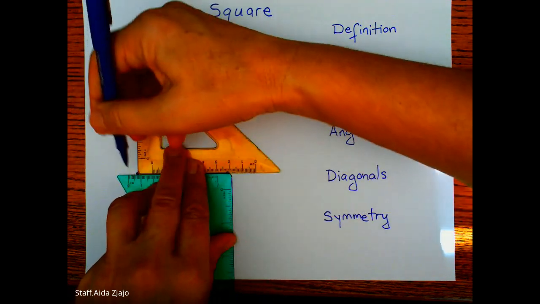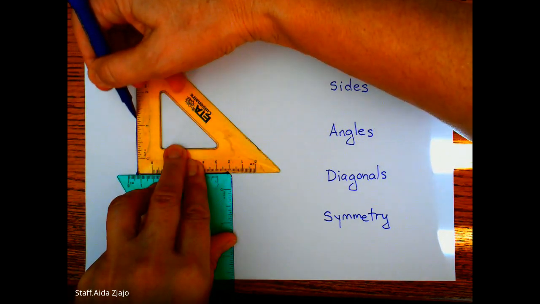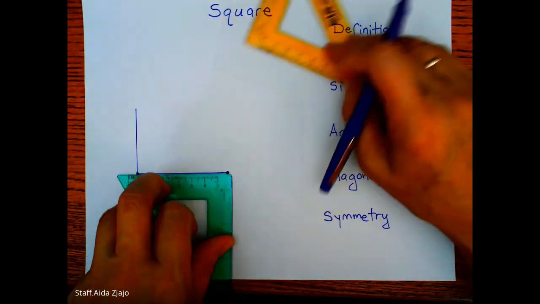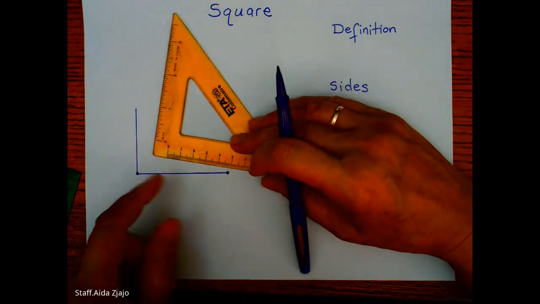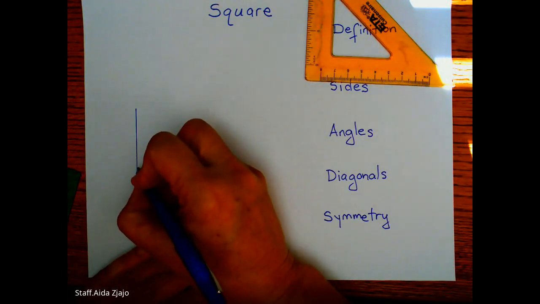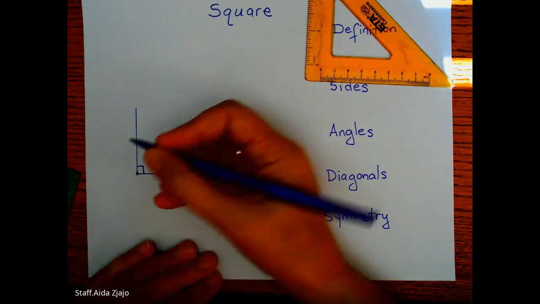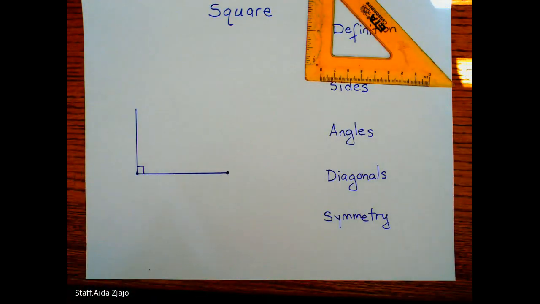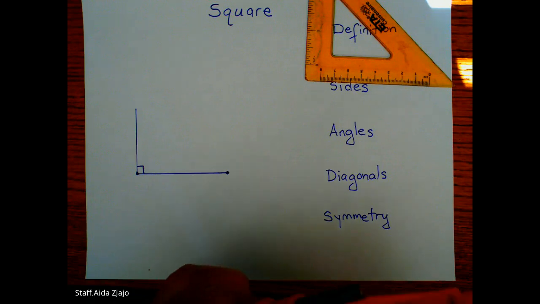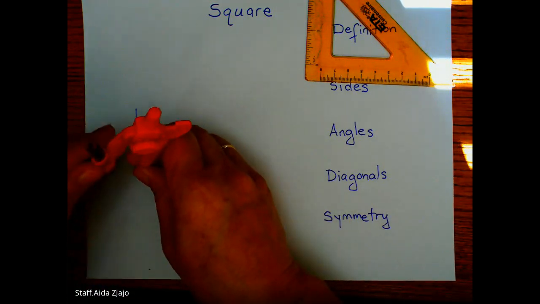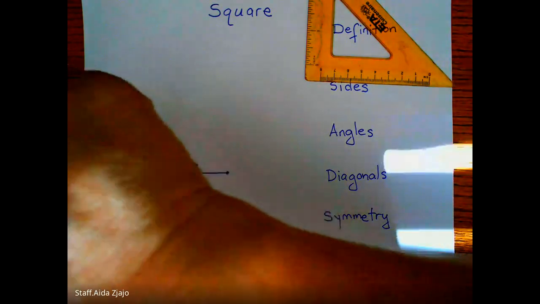And then I can create another line that is perpendicular to the first I have. So right now I have a right angle, and I can show you what a right angle means if I use my compass and I create a circle around that.